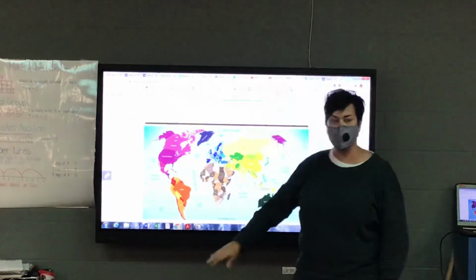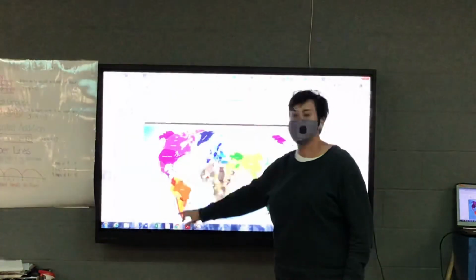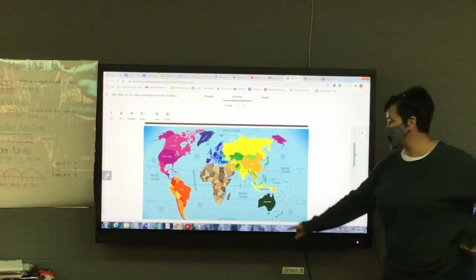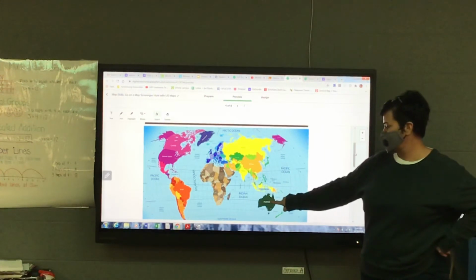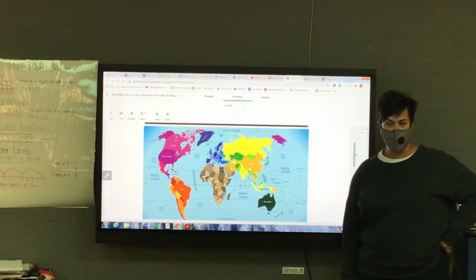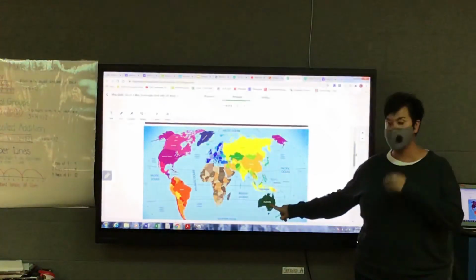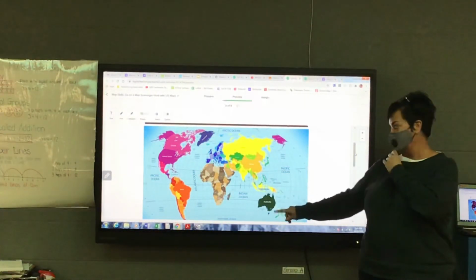South. So what would this one be? South America. All right. What continent is this one? It's its own country and its own continent, and it is called Australia.